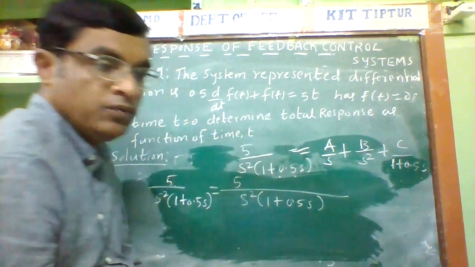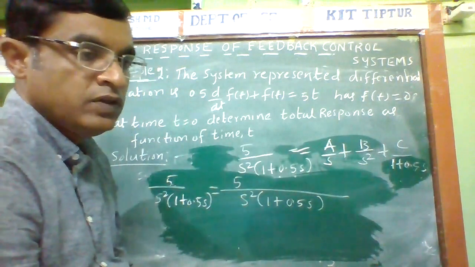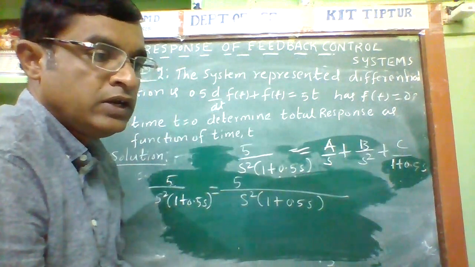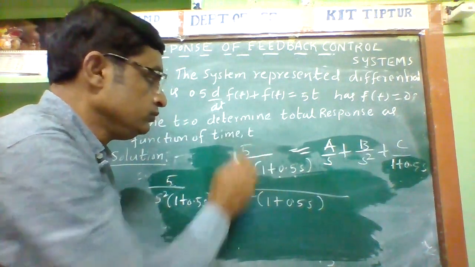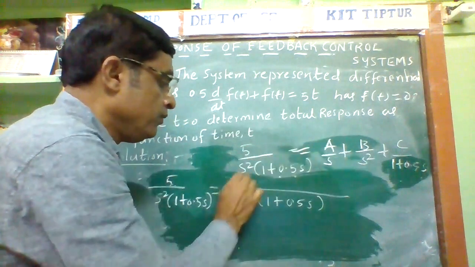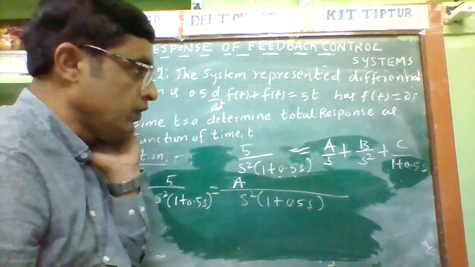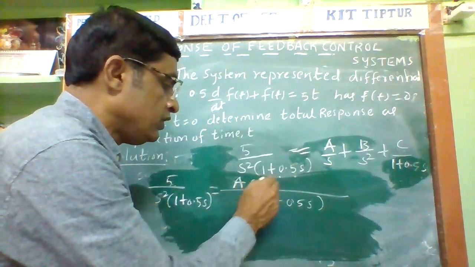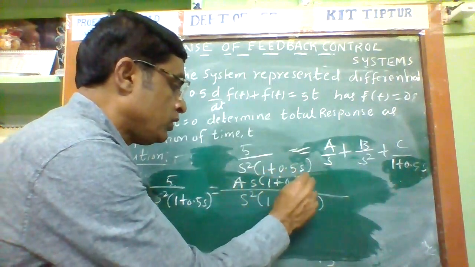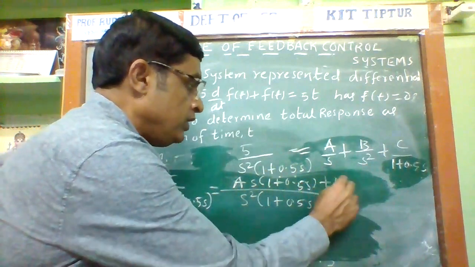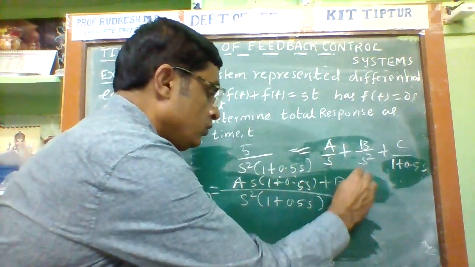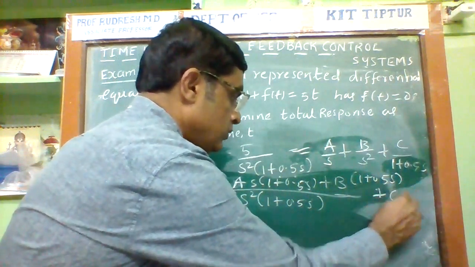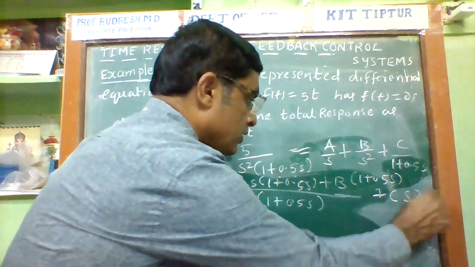Then it is a into s into 1 plus 0.5 s, plus b into 1 plus 0.5 s, plus c into s square.